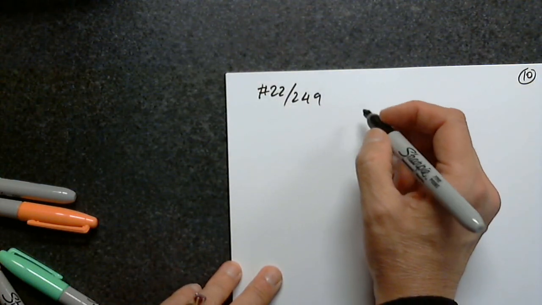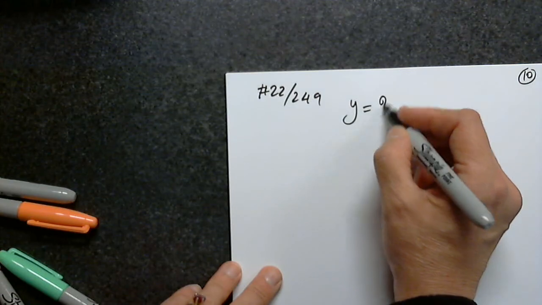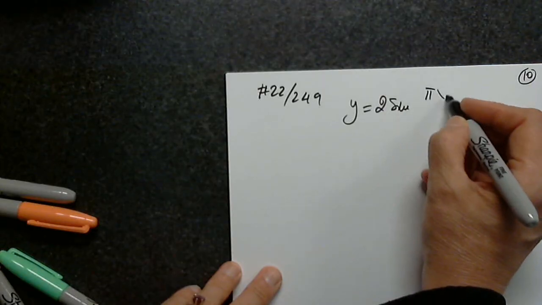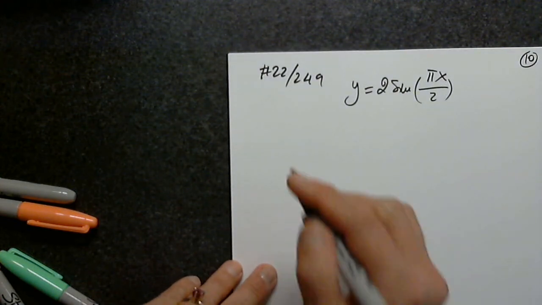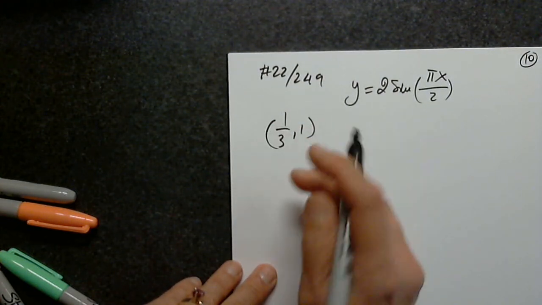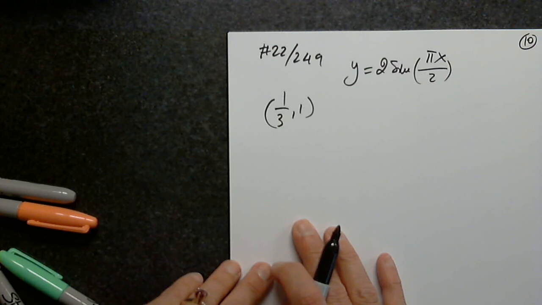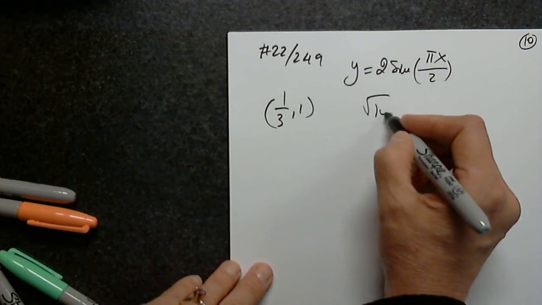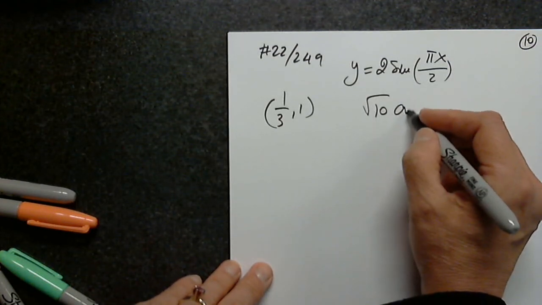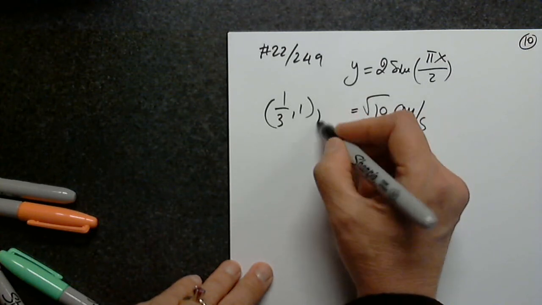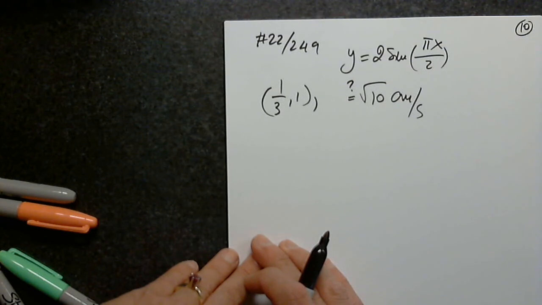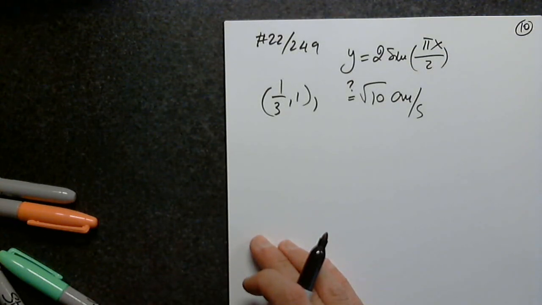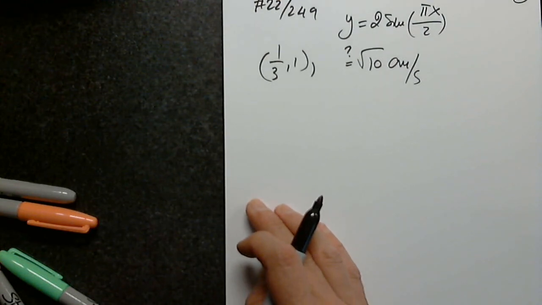We're given the function y equals 2 sine pi x over 2. And we're told that at the point 1/3, 1, the x-coordinate increases at a rate of the square root of 10 centimeters per second. And now you'll tell me what this represents. How fast is the distance from the particle to the origin changing at this instant?